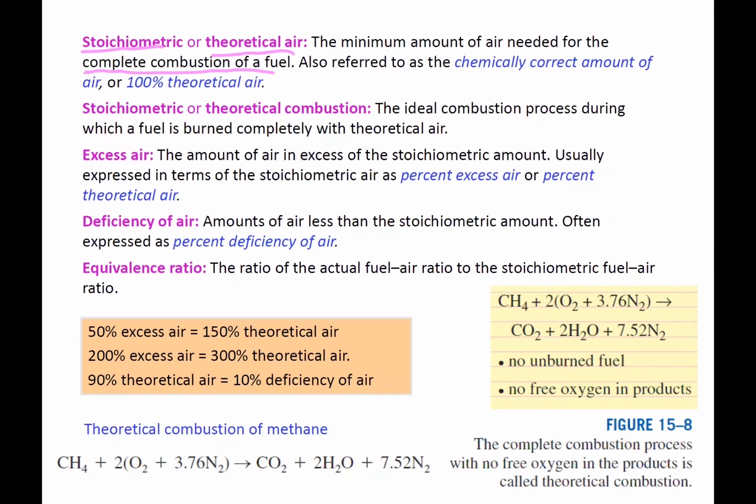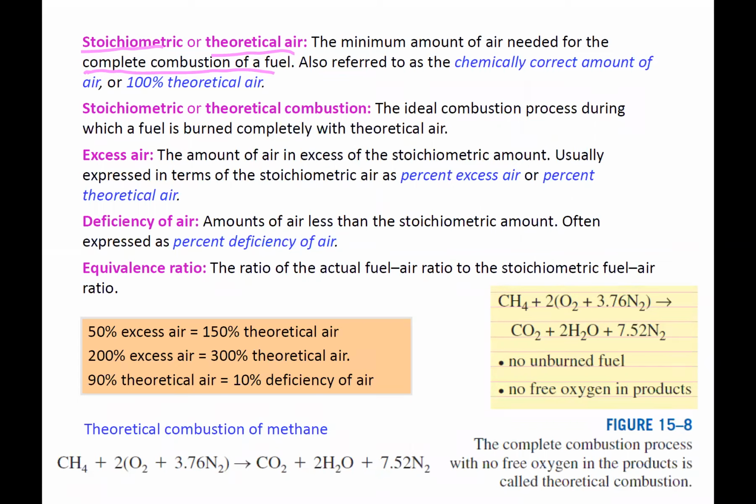Just enough air so that all the carbon in the fuel burns to CO2, and all the hydrogen to water, and then you have nitrogen along for the ride. It's the exact amount, not less, not more, to have all that fuel burned to completion to CO2 and water.